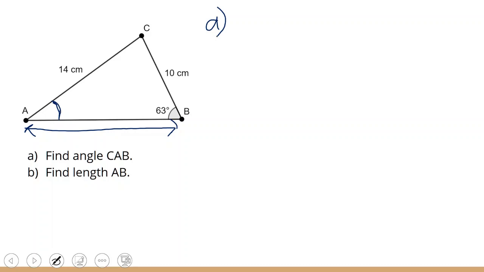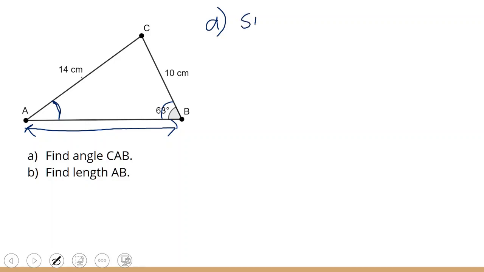Okay. So firstly, I'm trying to find A. And what I can see from what I already know, I know this angle and its opposite, and I know the opposite angle to A. So I'm going to use sine rule.